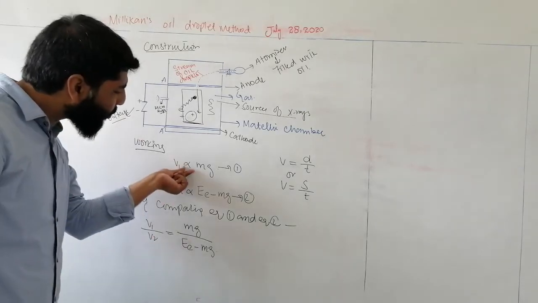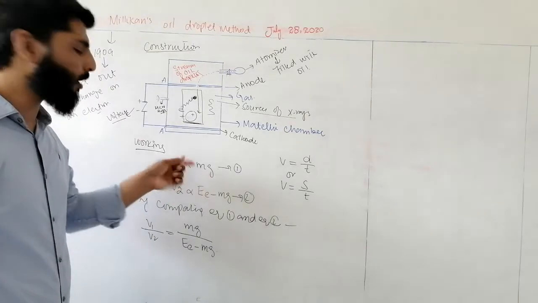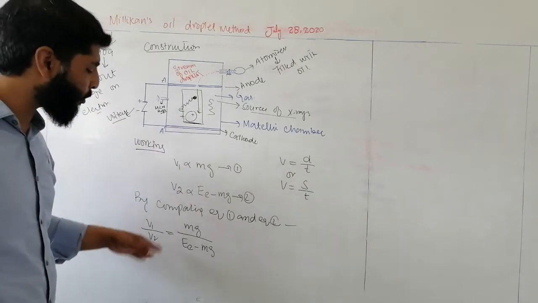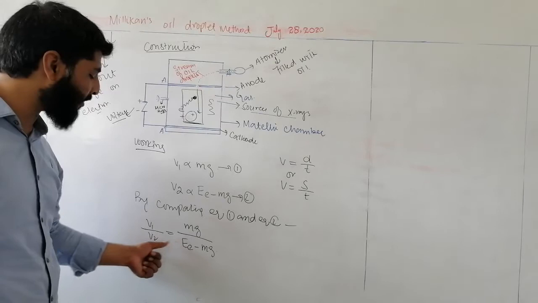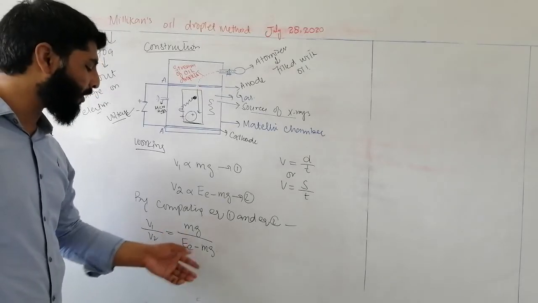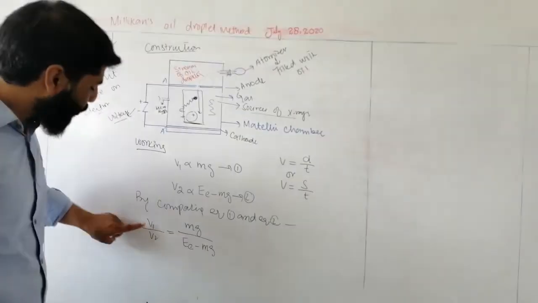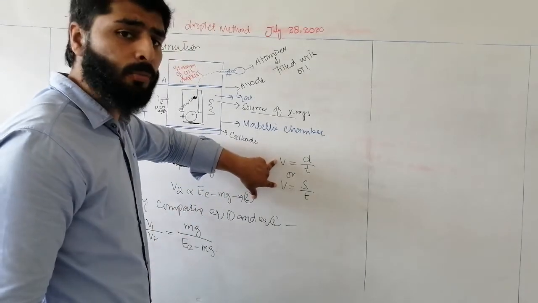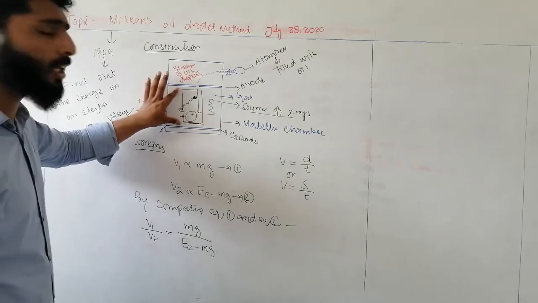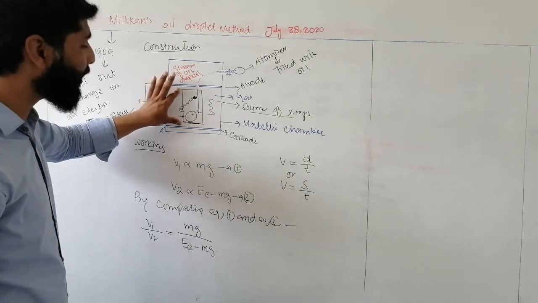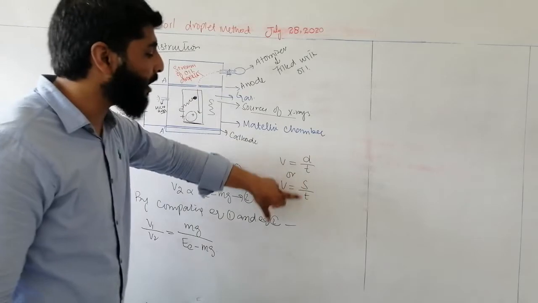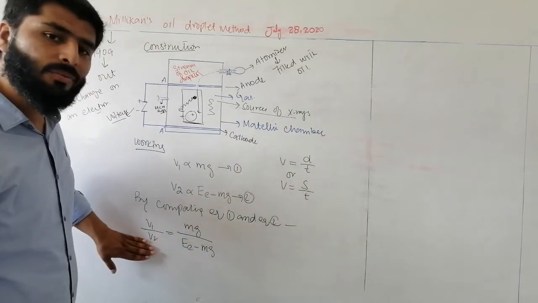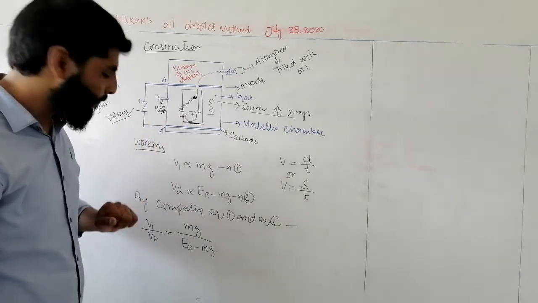The sign of proportionality is replaced by equality at constant. Here the constants will be cancelled from one another, so simply we will get v1 by v2 is equal to mg upon capital E e minus mg. v1 and v2 were calculated by using this formula, by observing the scale reading inside the chamber as d upon t or s upon t. Velocities v1 and v2 were found in this manner.